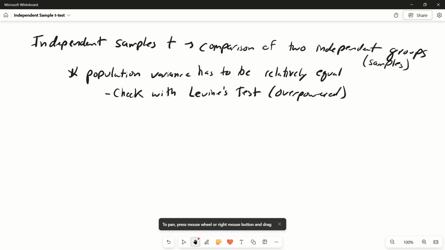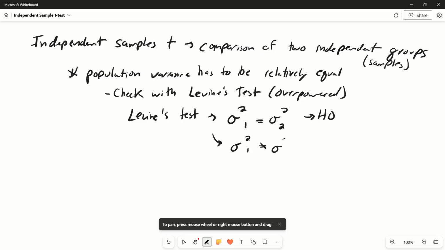The null for Levene's test is the population variances are equal. So sigma squared 1 is equal to sigma squared 2. That's the null, right? The alternative is that they're not equal.